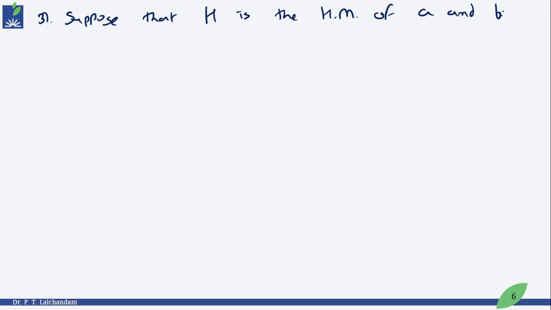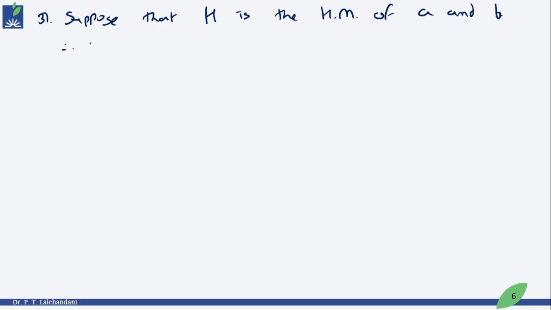Let us see in the third remark. Suppose that capital H is the harmonic mean of A and B, right? H is the harmonic mean of A and B. Let us see what does this mean.